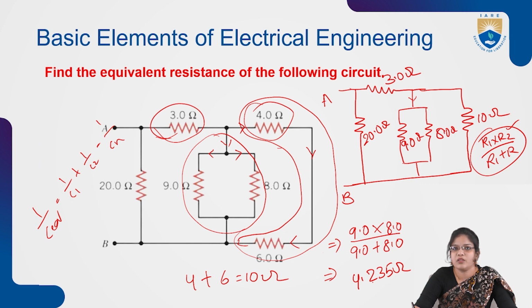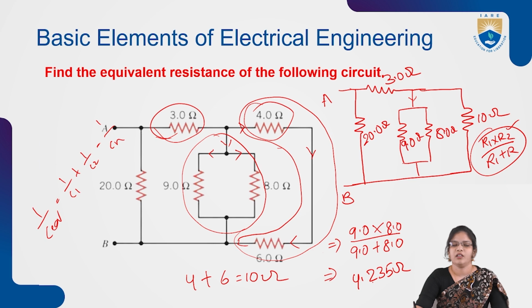You have to remember these points. For an inductor or resistor, the calculation of resistance and inductance will be the same. While considering the capacitors, if they are connected in series, we need to use the reciprocal formula, and if they are connected in parallel, we need to sum all the capacitances.